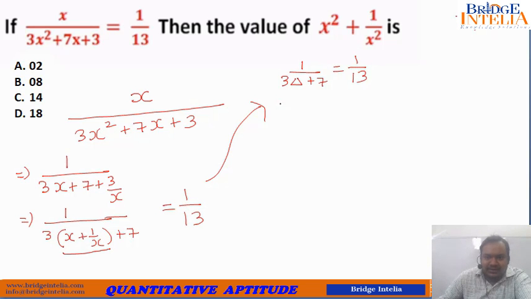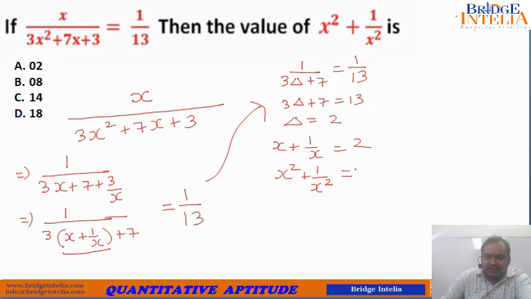So 3 delta plus 7 is equal to 13. From here it is clear that delta is equal to 2. So once you have the value for delta, that means you know that x plus 1 by x is equal to 2. So you can easily conclude that x square plus 1 by x square will be equal to 2 square minus 2, which is also equal to 2. So 2 is the correct answer in this case as well.